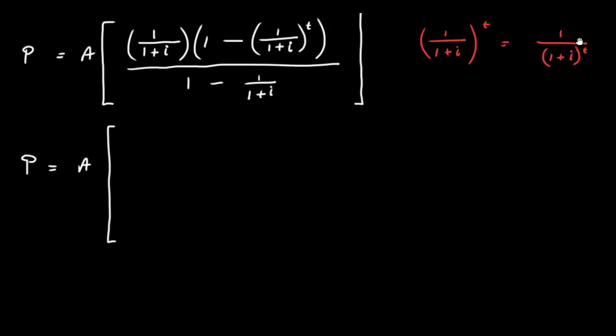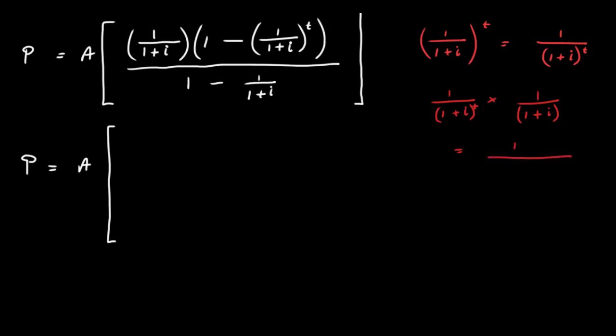So if I multiply this by this here, let me just do that here. If I take that 1 over (1 plus i) to the power of t and multiply it by 1 over (1 plus i), you can see that multiplying the top by the top, you get 1.